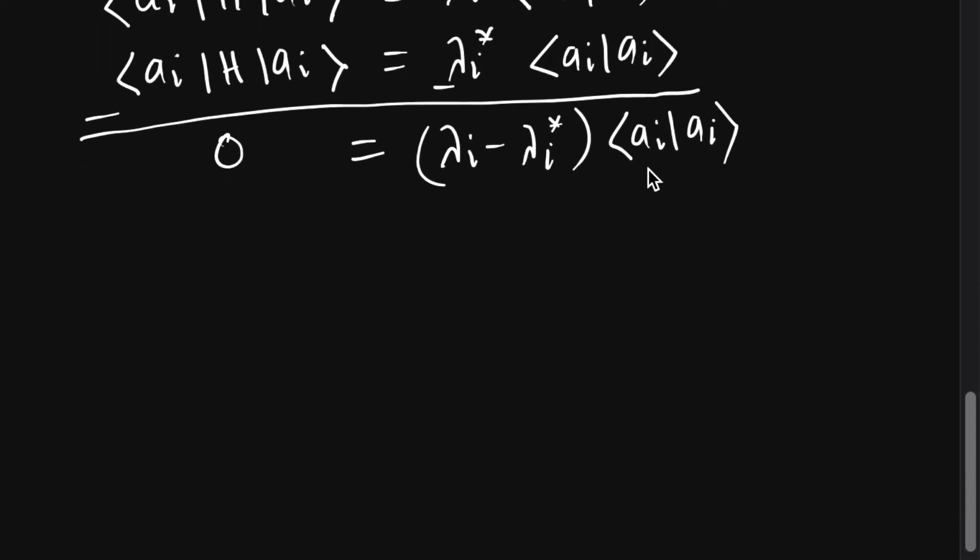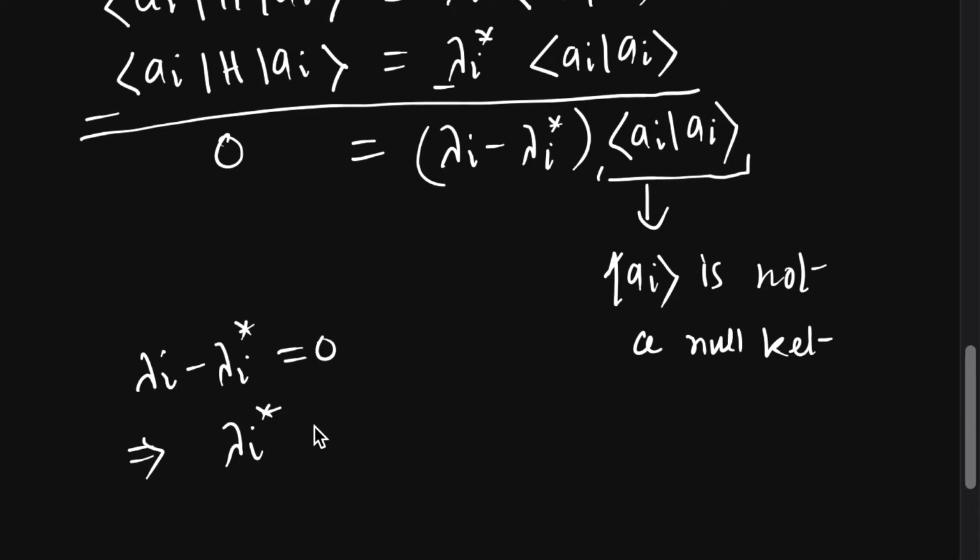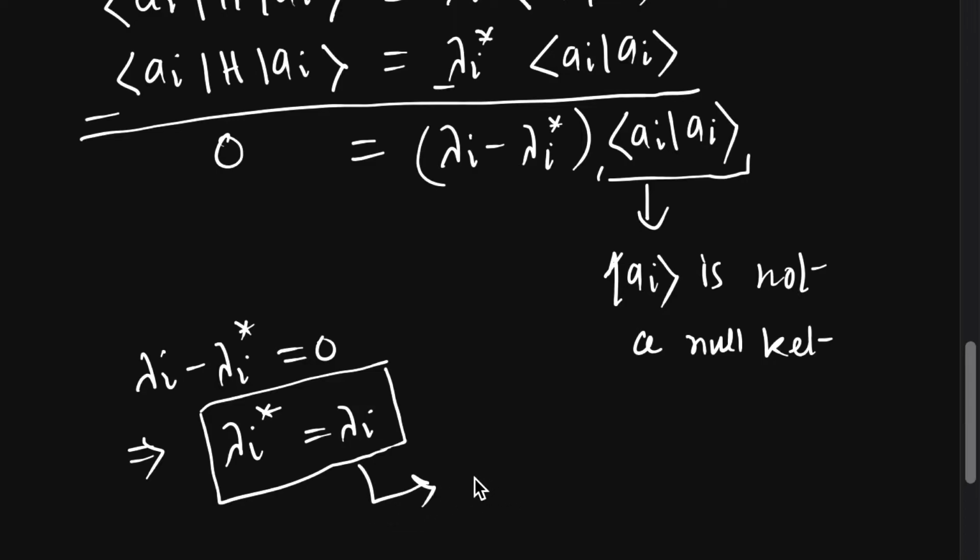Now if we assume that |ai> is not a null ket, then lambda i minus lambda i star should equal to 0. That means lambda i star equal to lambda i, and this means that lambda i is real value.